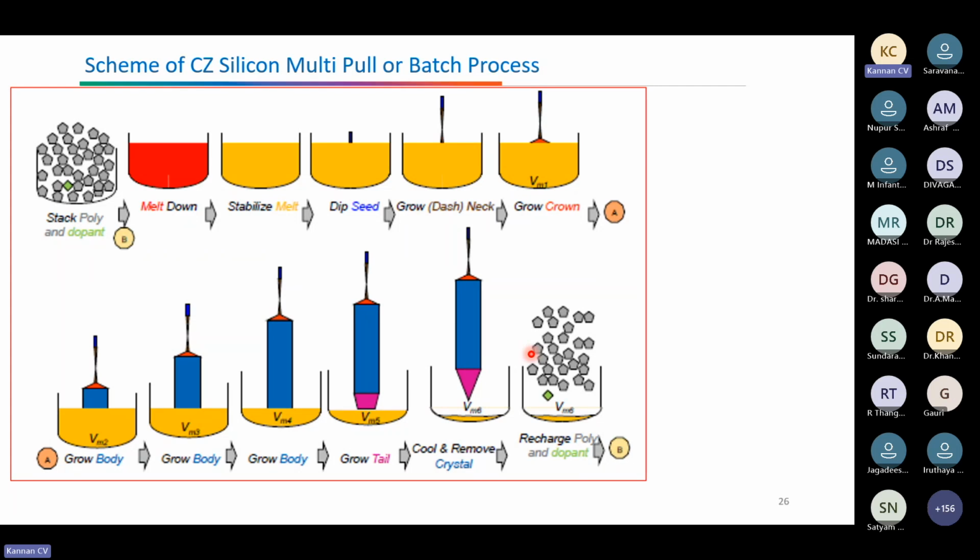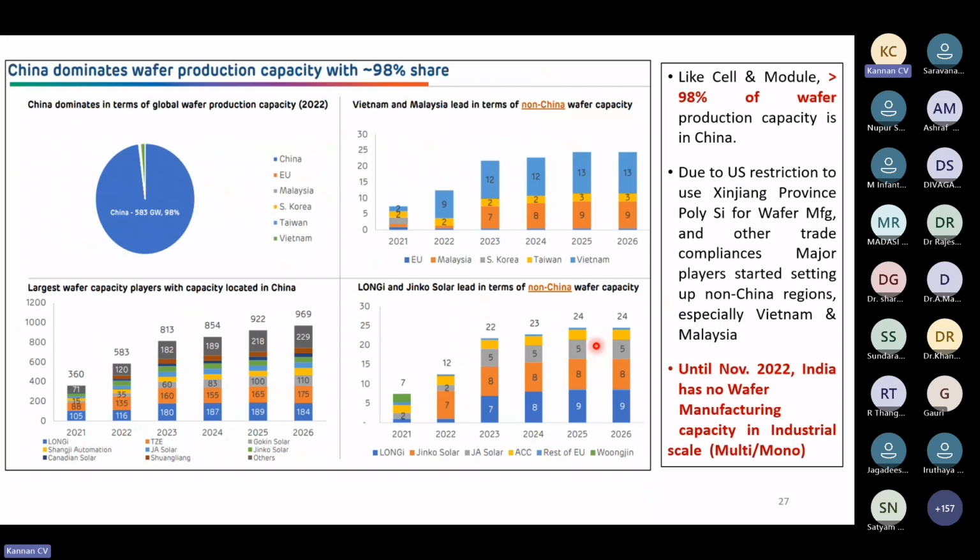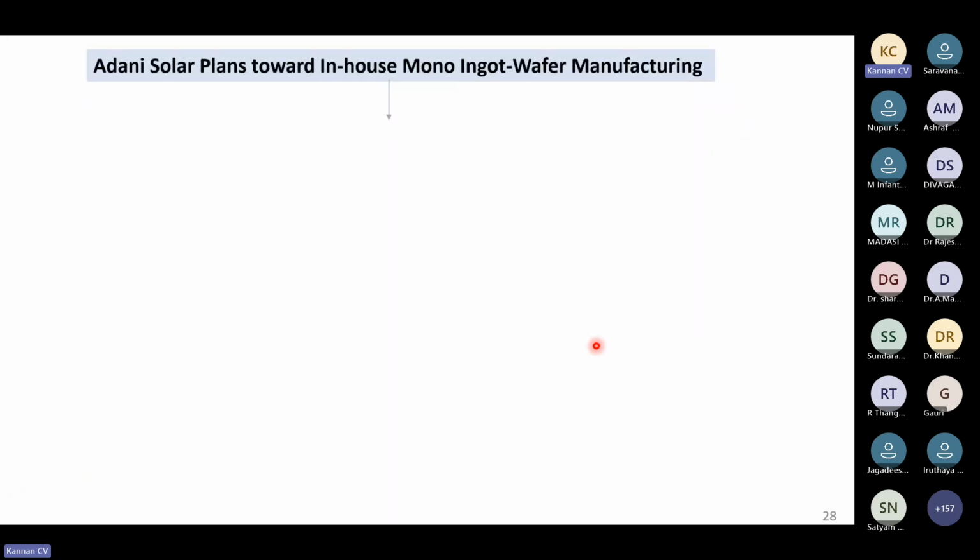Right now, there are new processes where you can grow multiple pulls. Instead of growing only one crystal, you can grow multiple crystals from the same crucible by replenishing the polysilicon material. That way you can improve the productivity and also reduce the overall manufacturing cost. So I think we stopped here yesterday.